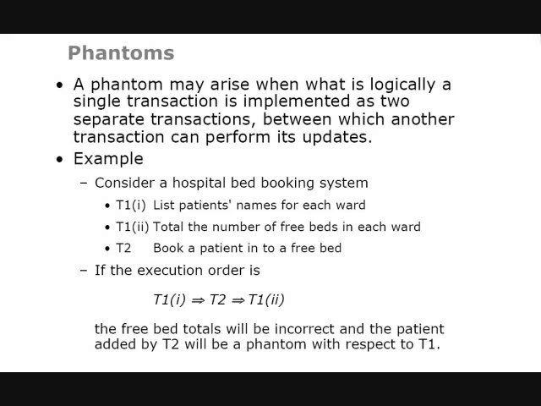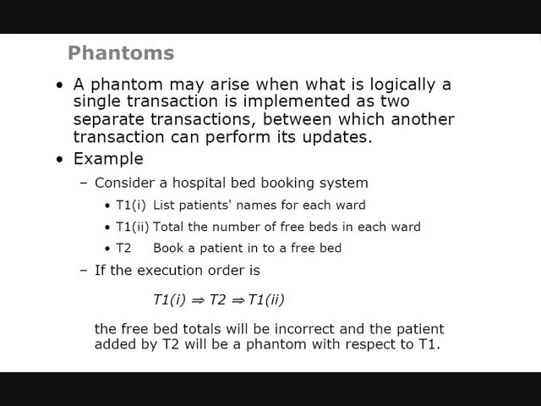Now, T1i and T1ii really belong together as a transaction, because to be in a consistent state, they should be packaged together as one transaction. If we separate them into two, then we could have an ordered operation where T1i executes, then T2 executes, and then T1ii executes.